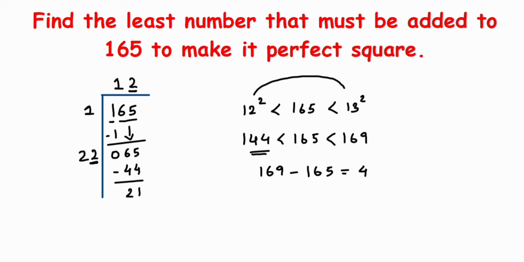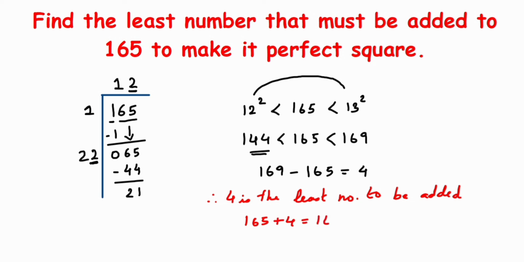So I'll conclude: therefore 4 is the least number to be added. And 165 plus 4 is equal to 169, and the square root of 169 is nothing but 13.